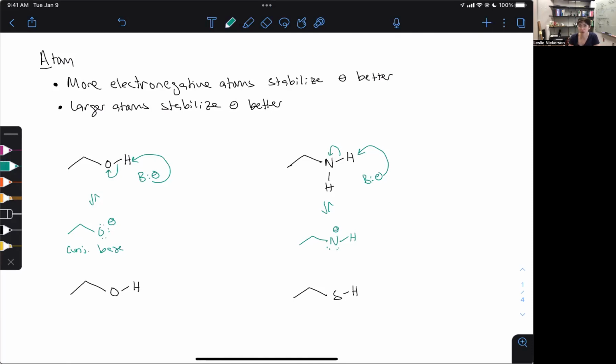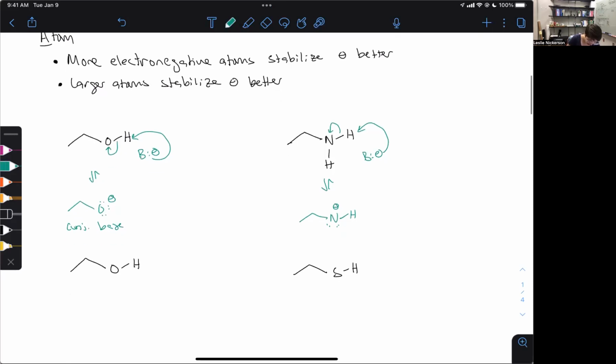Whichever one is more stable, that's the more acidic proton. Because what we're looking for is a conjugate base that can be nice and stable, and that means the proton is easy to get taken off if that conjugate base is nice and stable. That's a nice kind of dip down in terms of energy, so it's not that hard to get to it.